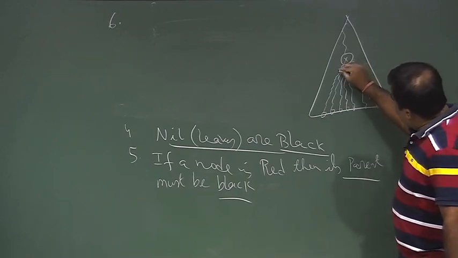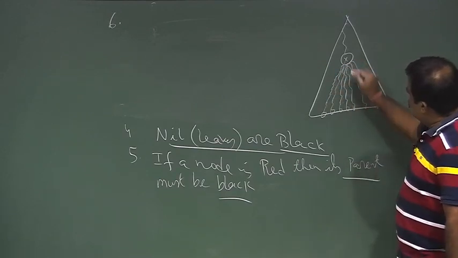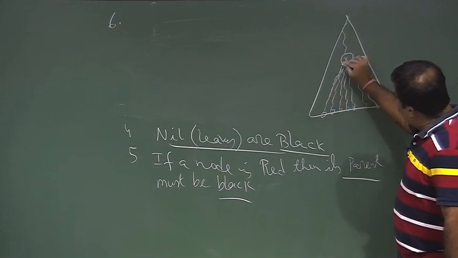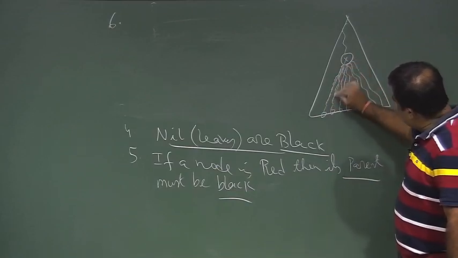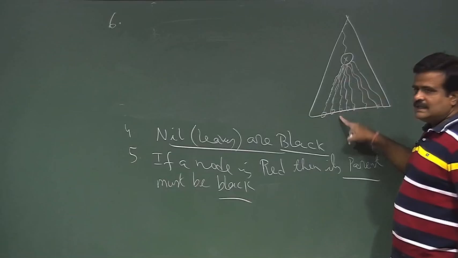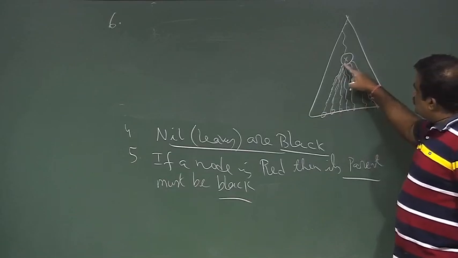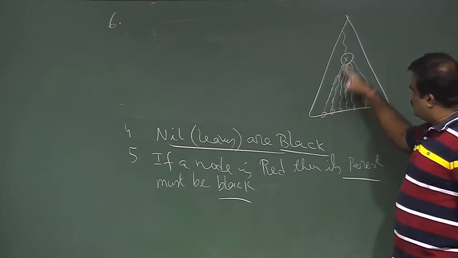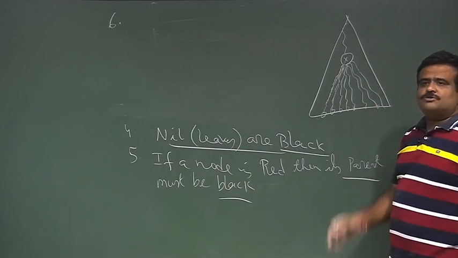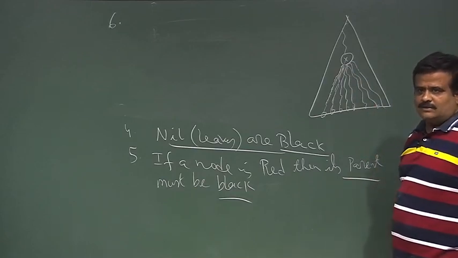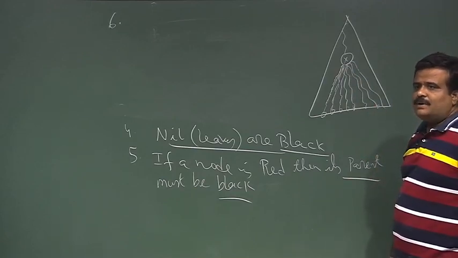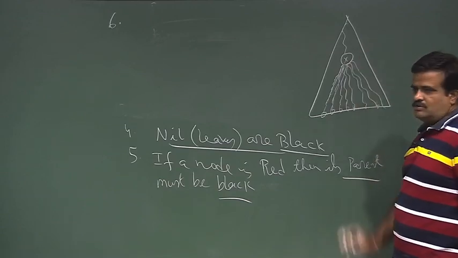For each path, we count the number of black nodes. So, this is a path from this node to the leaf, and this is another path from this node to a leaf. If you count the number of black nodes in the path, each path should contain the same number of black nodes, and that number is referred to as the black height of this node.